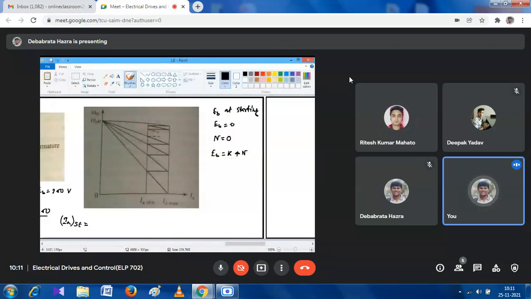So now tell me, what is the value of starting armature current? Without a starter or with a starter? No, we have not inserted a starter yet.